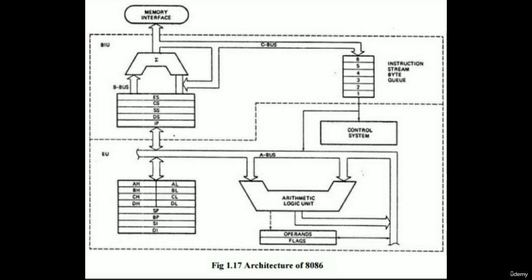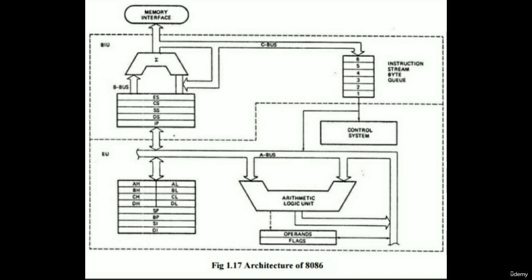All the instructions are stored in memory, on the top left. To fetch any instruction, the first task is to obtain the physical address of the instruction to be fetched. This is the task that the bus interface and segment registers are doing.